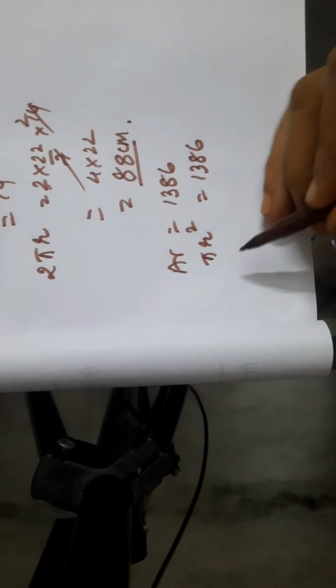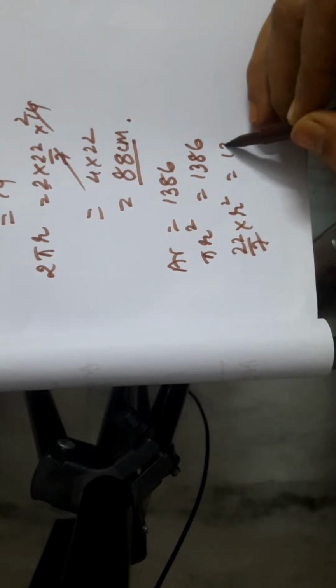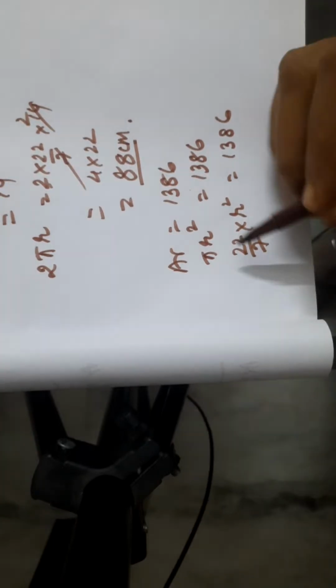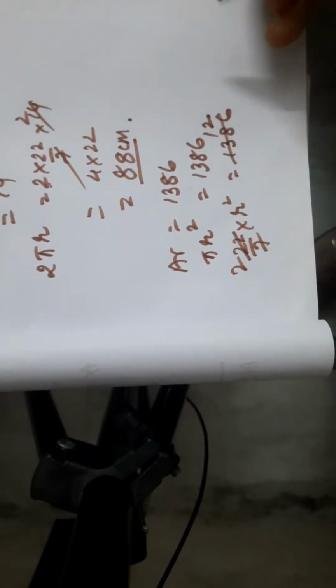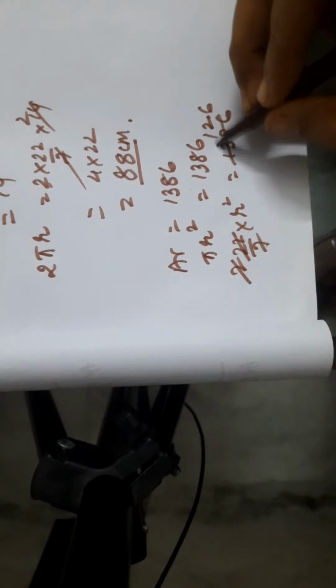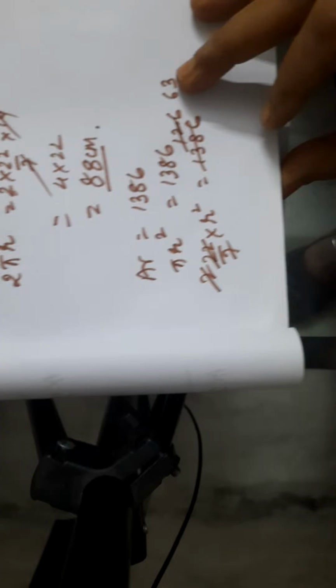Pi is 22 by 7. So as I told, numbers will be multiples of 11. 11 2s are 22, 11 1s are 11, 11 6s are 66. Now with 2, 2 6s are 12. 2 3s are 6. So how are you going to calculate it?